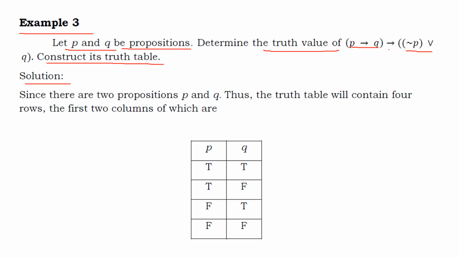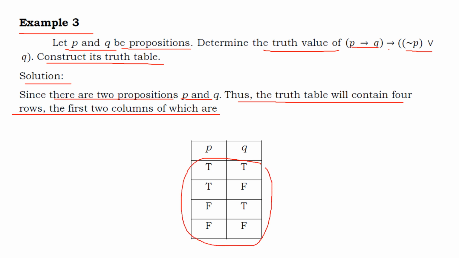For the solution, since there are two propositions P and Q, the truth table will contain 4 rows, the first 2 columns of which are the possible combinations that we can get for the truth values of these two propositions. First, they are both true. Second, your first proposition P is true, then your second is false.